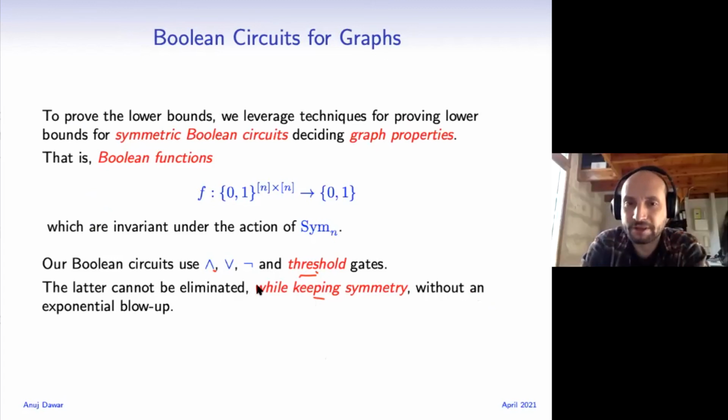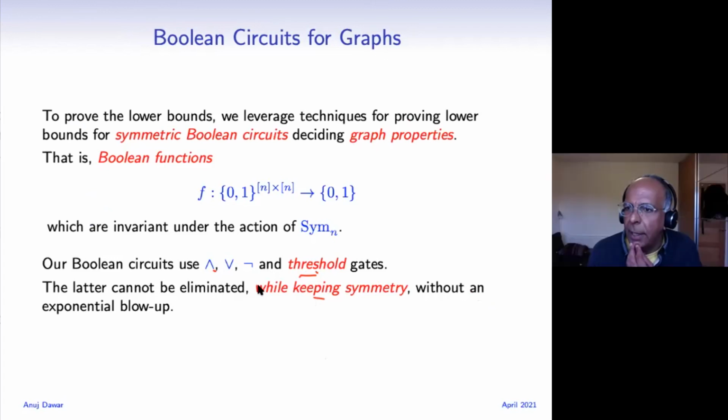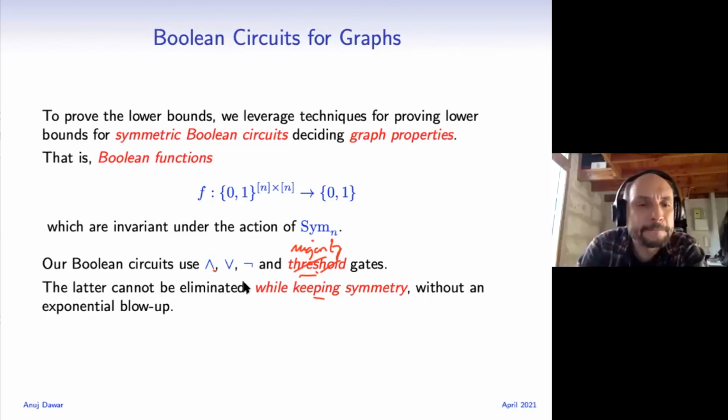It can be proven that it must be exponential. Yes, exactly. And the same is true for majority. If I replace threshold by majority, it makes no difference. So I can use majority instead of threshold. But that also implies that any implementation of majority using and, or, not, which is symmetric, must be exponential. Thank you.